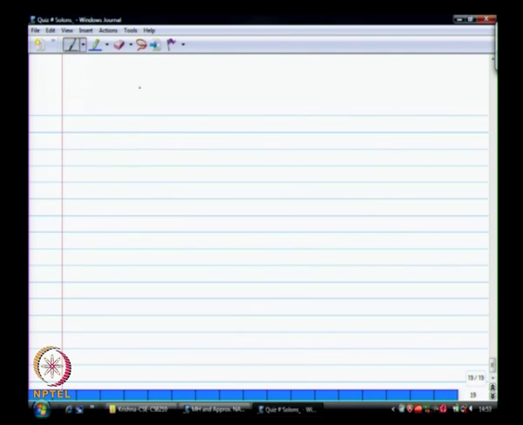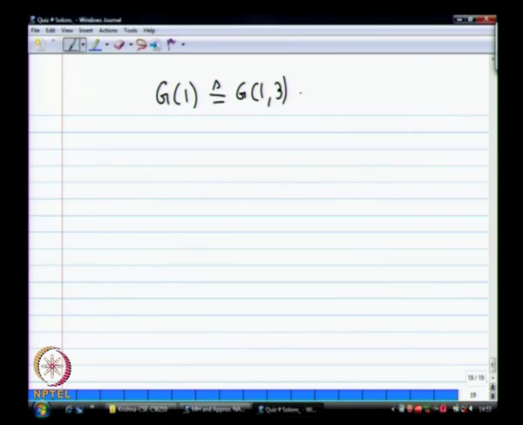So we were interested in G of n, m, right? G of n is basically nothing but G of 1, 3 in this example. So from the table, what is G of n, what is G of 2, and so on. This is basically the last column M in the table.